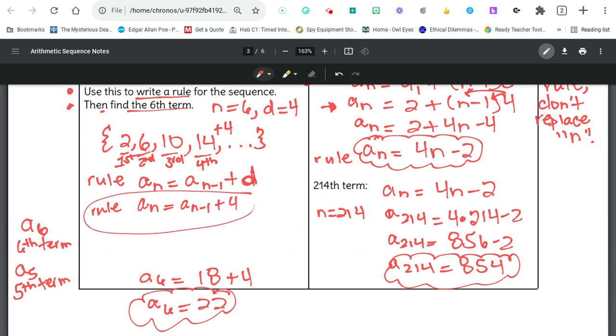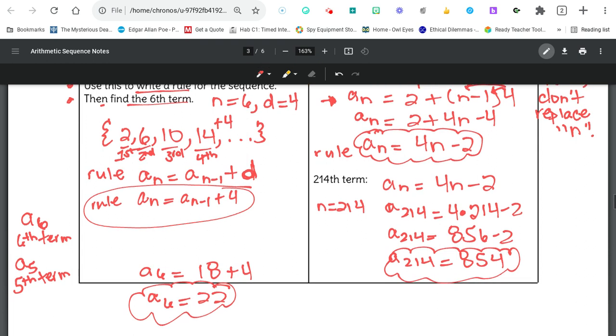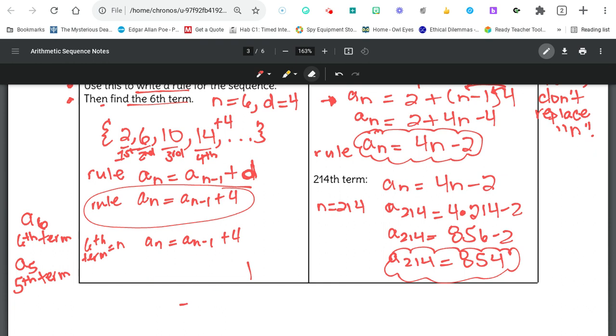And I want you to stop right here. And then when you get ready to find the sixth term, then replace n. We're going to keep it consistent. So we're going to have a sub n equals a sub n minus 1. Take your rule. You're going to replace, let me erase all this. That's my fault. You're going to replace n with 6.